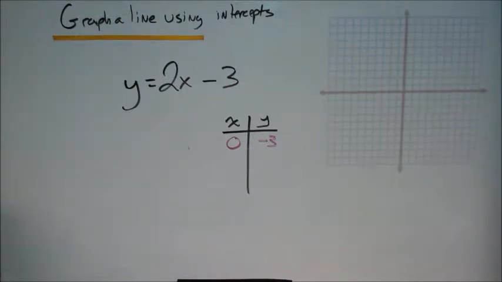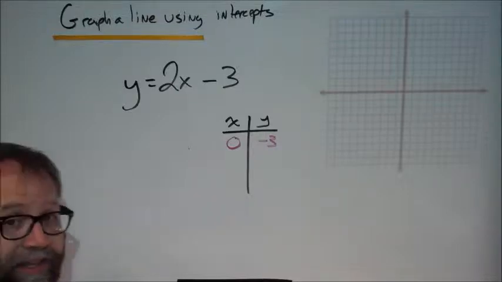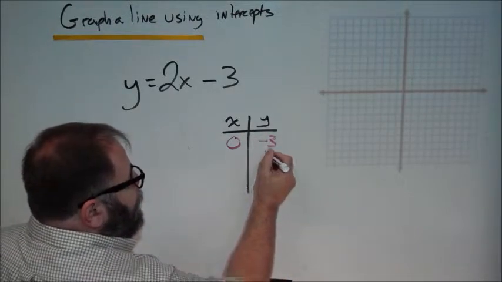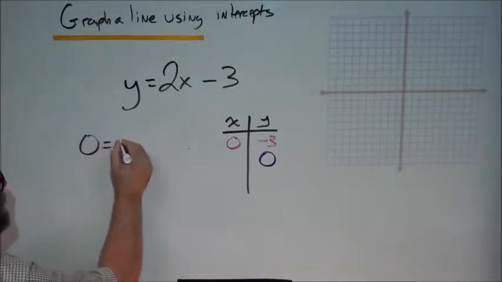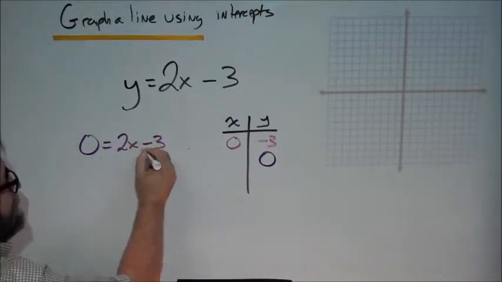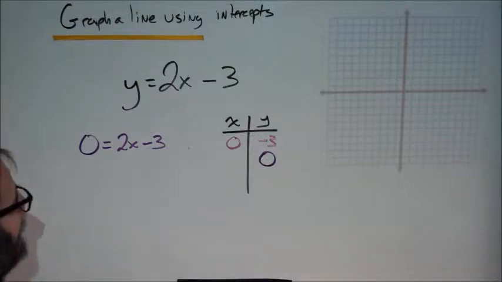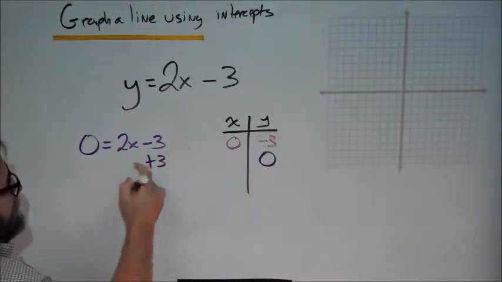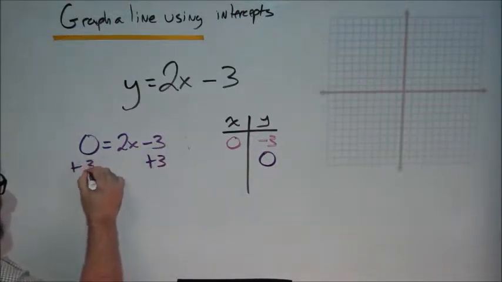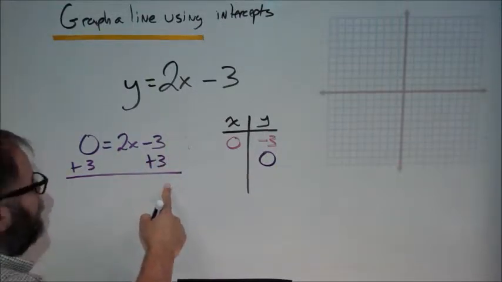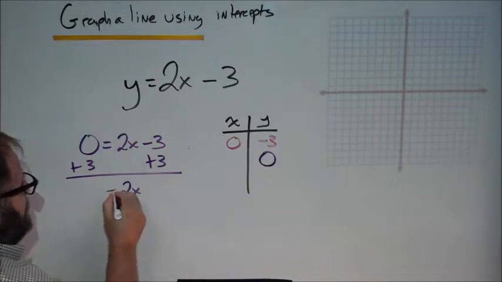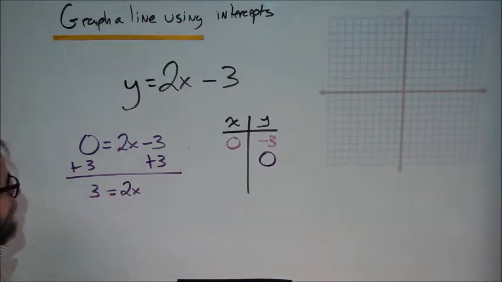Let's find the x. To find the x, we're going to put 0 in for y. All right, so that gives me 0 equals 2x minus 3. Now let's add 3 to both sides because we want to isolate that. So negative 3 and positive 3 combine to 0, giving me 2x equals 3.